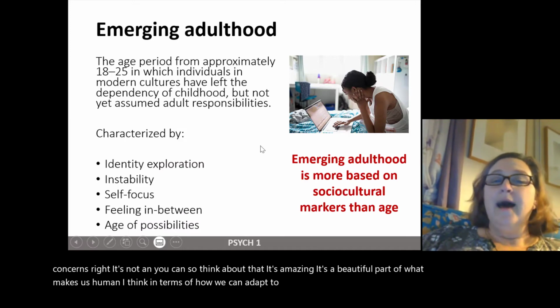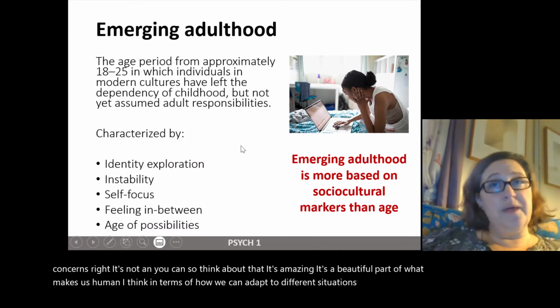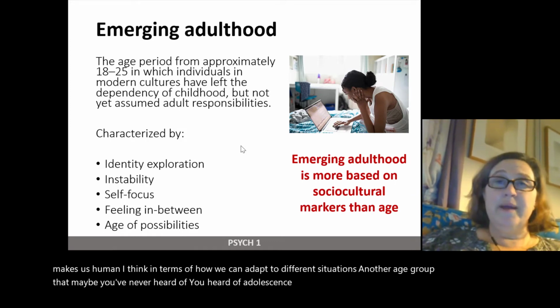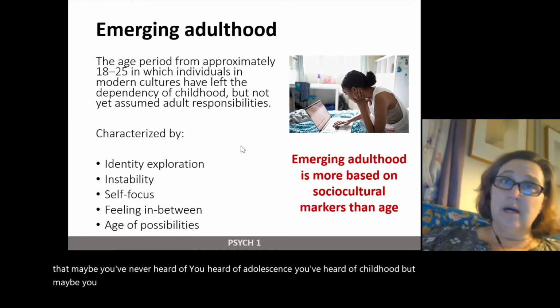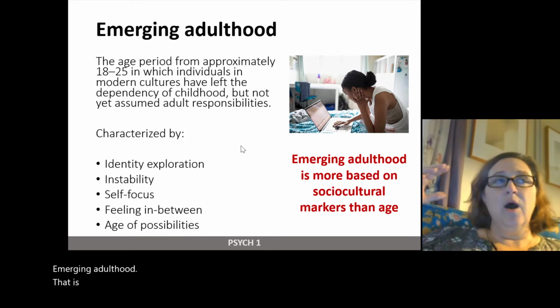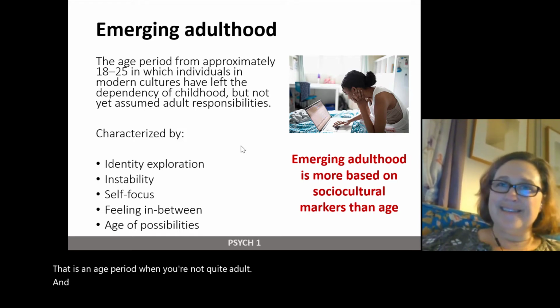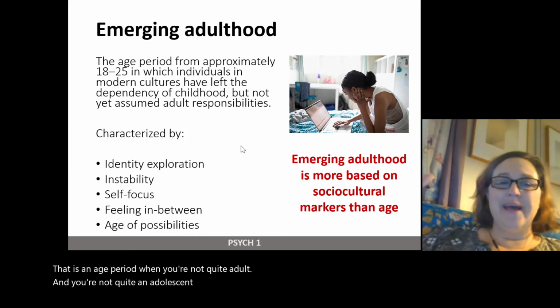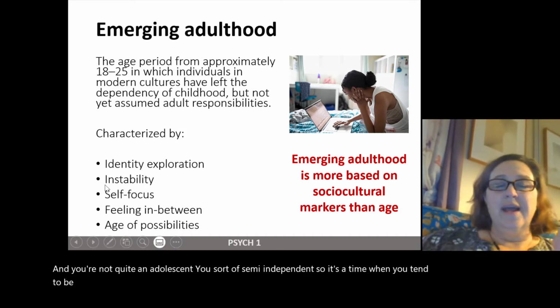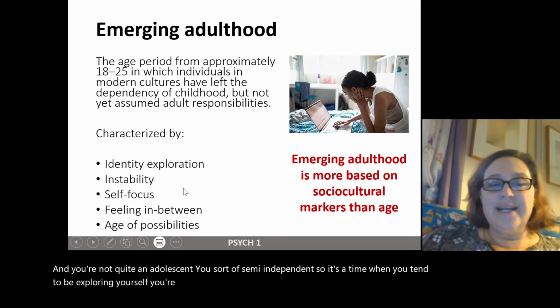Another age group that maybe you've never heard of: you've heard of adolescence, you've heard of childhood, but maybe you've never heard of emerging adulthood. That is an age period when you're not quite an adult and you're not quite an adolescent. You're sort of semi-independent. So it's a time when you tend to be exploring yourself. You don't necessarily have a stable identity.